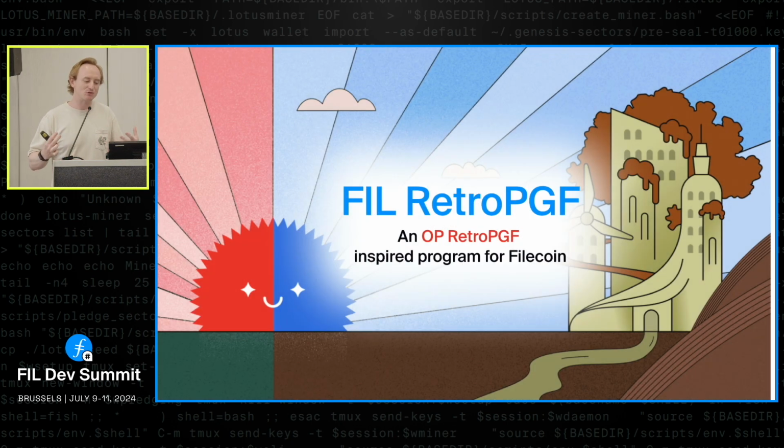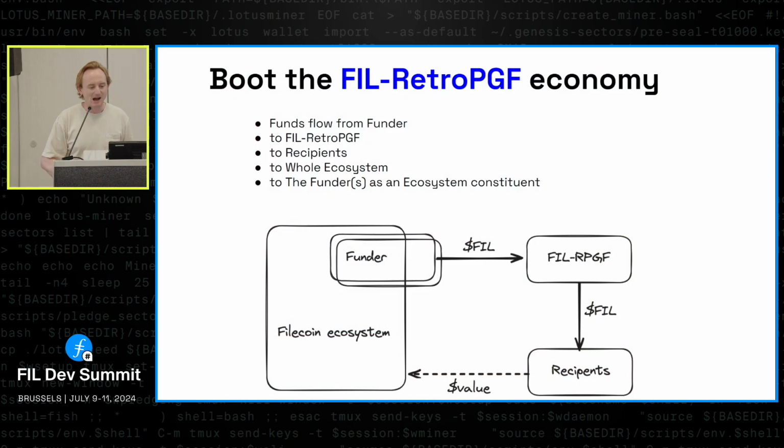But in essence, FIL-RetroPGF is an optimism-inspired retroactive public goods funding. So optimism is the first kind of large-scale application of these ideas, and what we're trying to do in Filecoin is very much inspired by this. So with FIL-RetroPGF, we're trying to put the public goods economy within Filecoin, and how we're doing this is using a mechanism which is based on impact funding, and that impact is retroactively observed.